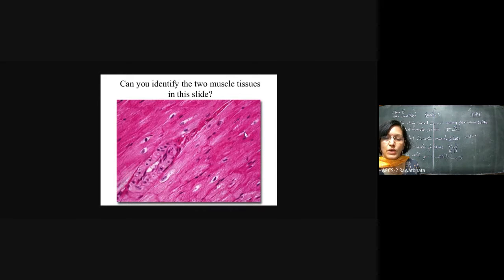This one also where I'm keeping the cursor, tapering on both the sides with one nucleus in the center. And again, tapering on both the sides, one nucleus in the center. And this is how the smooth muscle fibers will appear to us under the microscope. Highly magnified, of course.